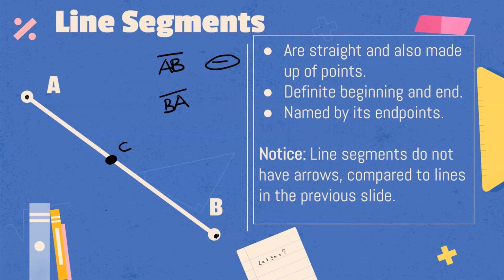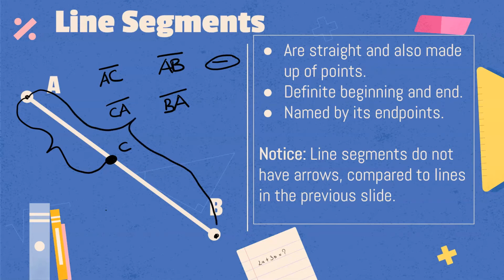So if we want to name from A to C, then we have to put either AC with the line above or CA. However, if we want to name from A to B, then we have to name it either AB or BA. So just be careful with that. And that's line segments.